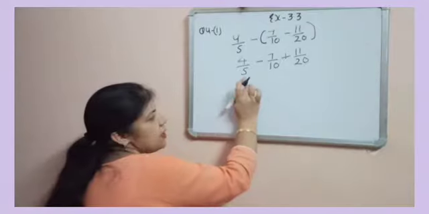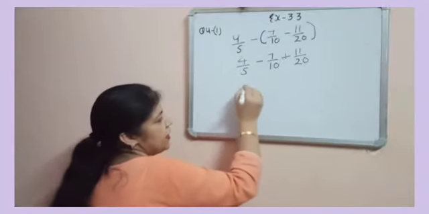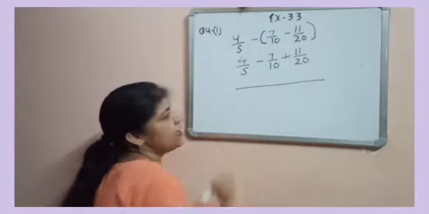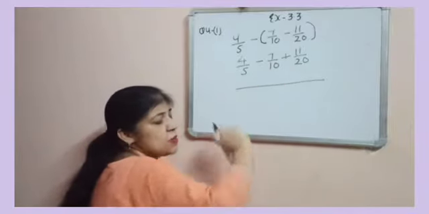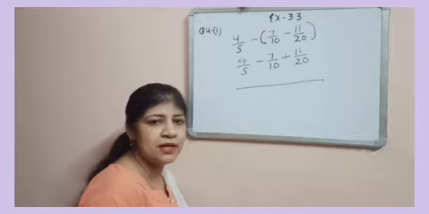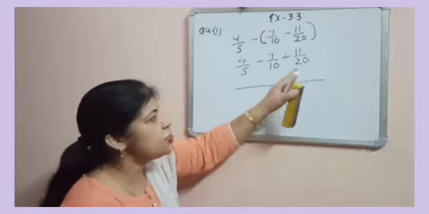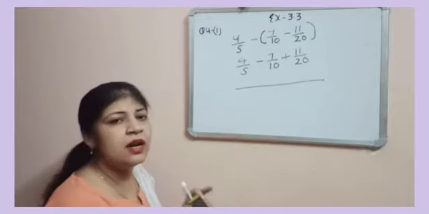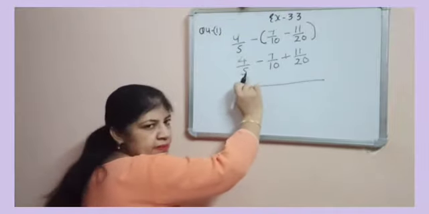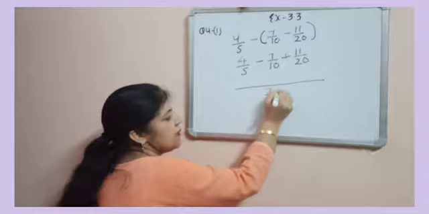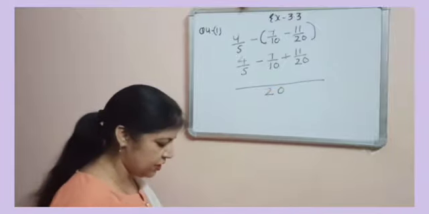Now take the LCM of 5, 10 and 20. When the largest number is divisible by the smaller numbers, the largest number will be your LCM. 20 is divisible by 10, and 20 is divisible by 5. So the LCM will be 20.